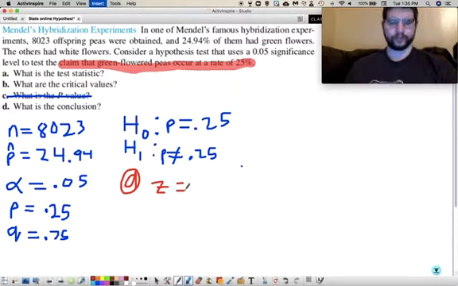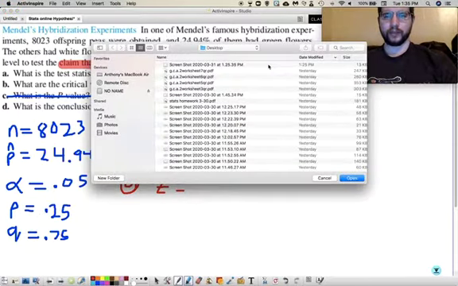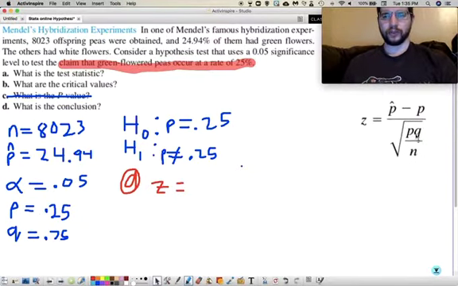Same formula as before. P hat minus P over square root of PQ over N. So that is P hat. Okay, I wrote this incorrectly, didn't I? That's a percentage, so let me make sure I write it as a decimal. 0.2494. So whenever we're doing these, we always want our decimals.